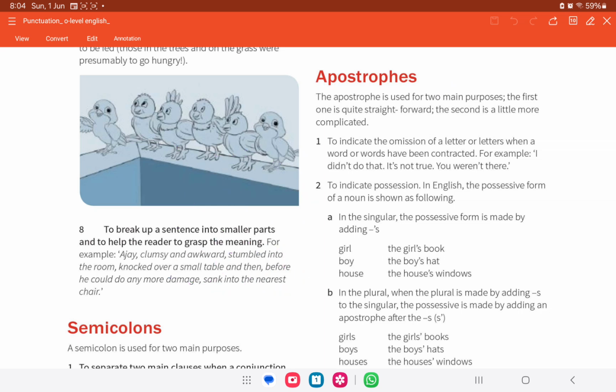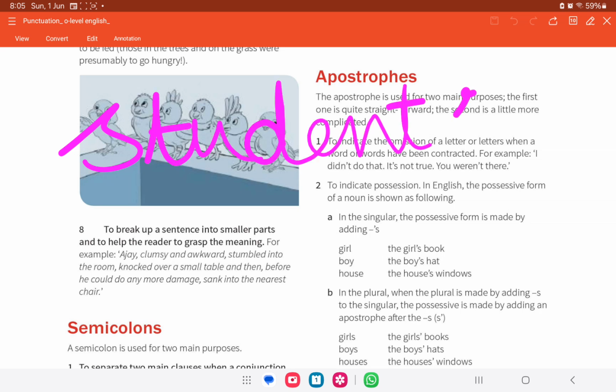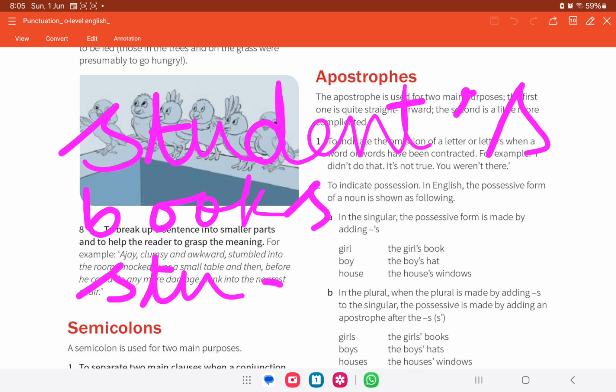Then there's another thing, they do not know the difference between the word "student's books" and "students' books".